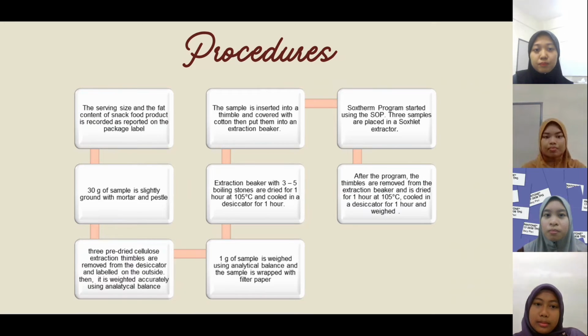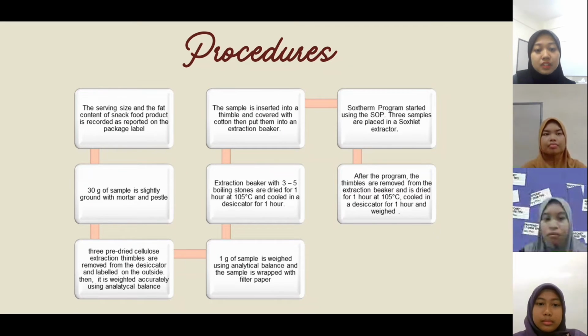The fourth procedure is the sample is inserted into a thimble and covered with cotton, then put into an extraction beaker. Fifth, the extraction beaker with 3 to 5 boiling stones is dried for 1 hour at 105 degrees Celsius and cooled in the desiccator for 1 hour.